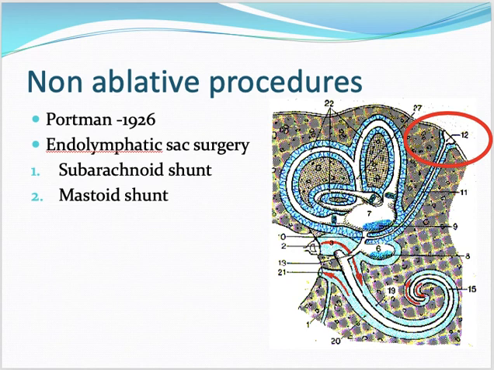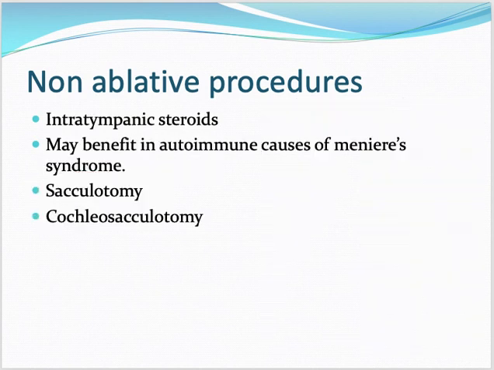Here it's written, endolymphatic sac surgery. In this one, they can create a shunt which is going to take out the lymph into the subarachnoid space or the mastoid space.